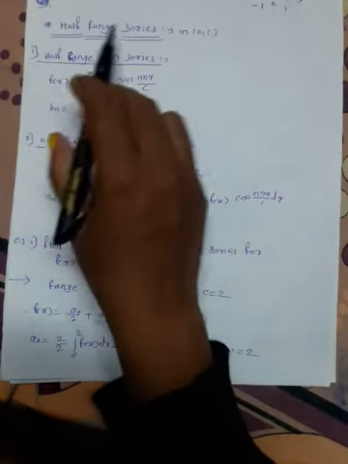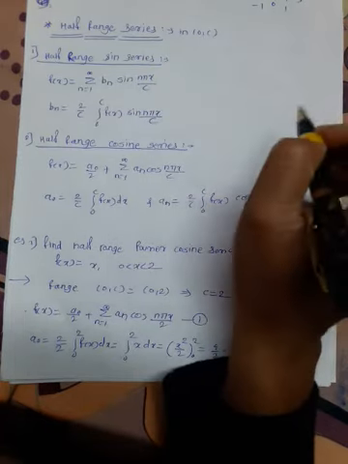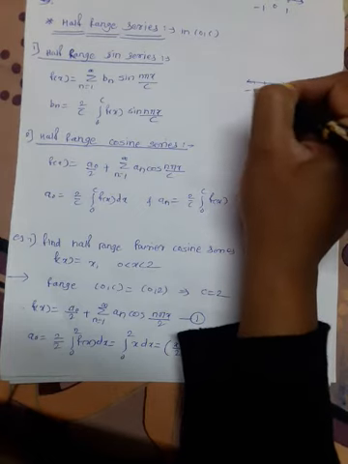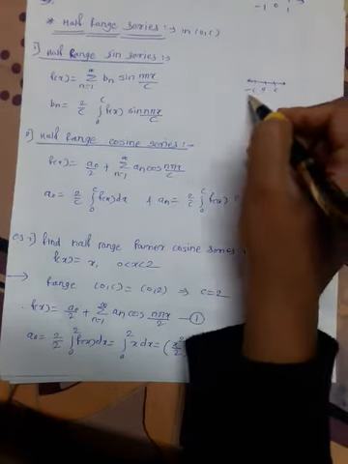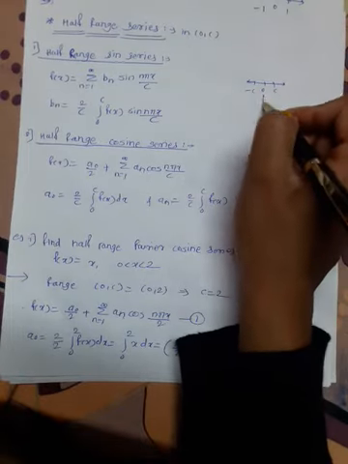Okay, half range series in 0 to c. Full range means -c to c. If you consider the -c to c range, it can be partitioned into exactly half by this 0.